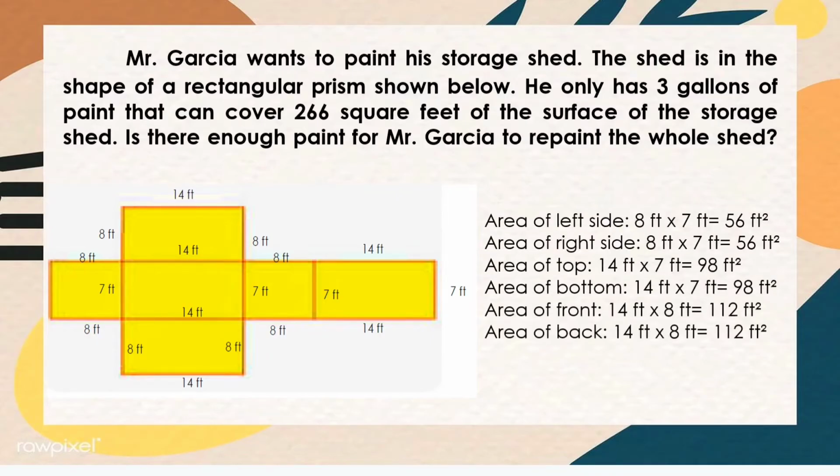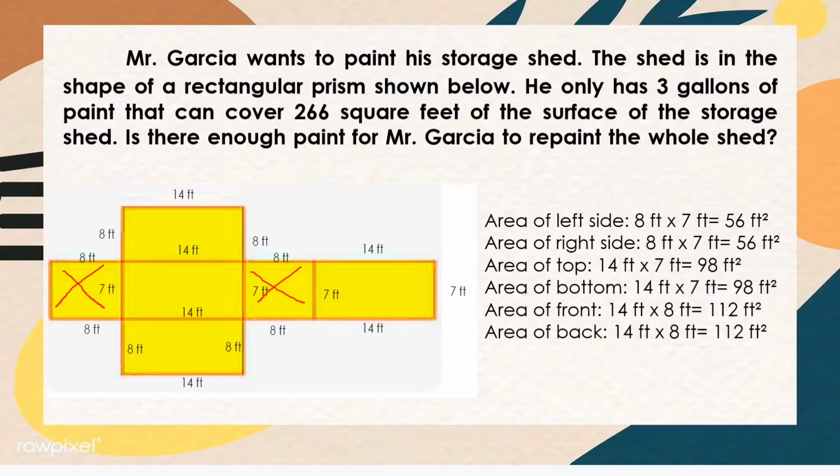First, the area of the left side is 8 times 7, which is 56 square feet, and the right side is also 8 times 7, equal to 56. As you can see, they have the same measurement.